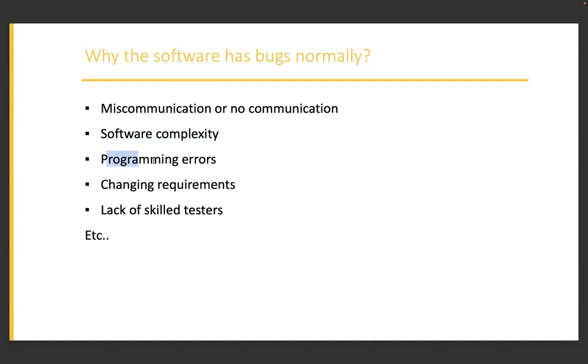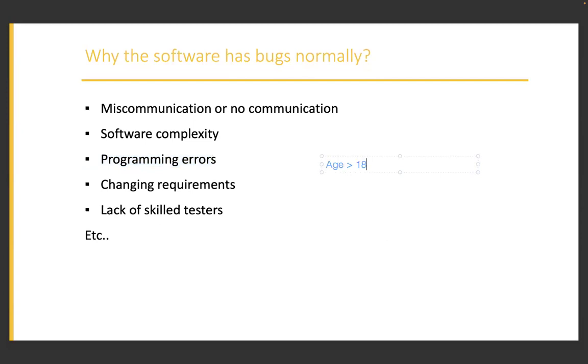Third is, guys, programming error. Programming error means you have written a logic and that logic is working fine when you are validating it, but there are some more scenarios in which your logic is not working fine. You have written a logic for validating one of the fields, saying that age is greater than 18 or 19 in the text field.